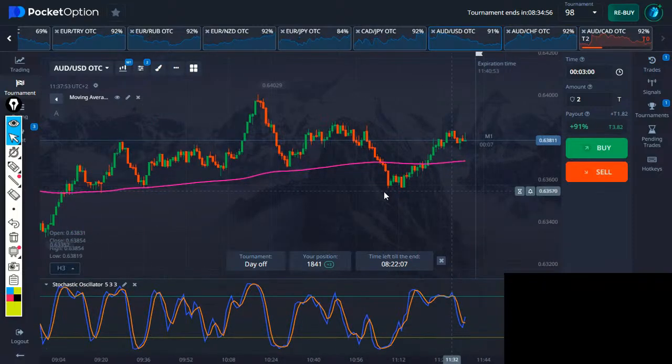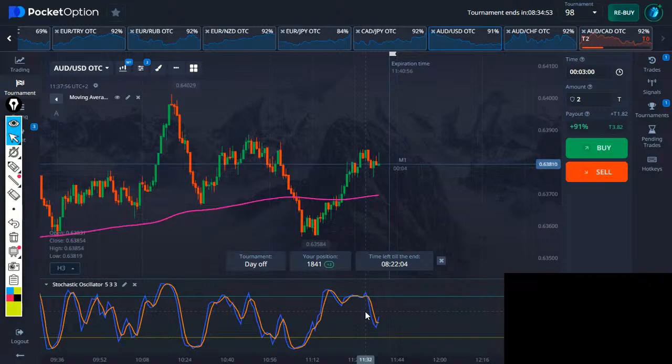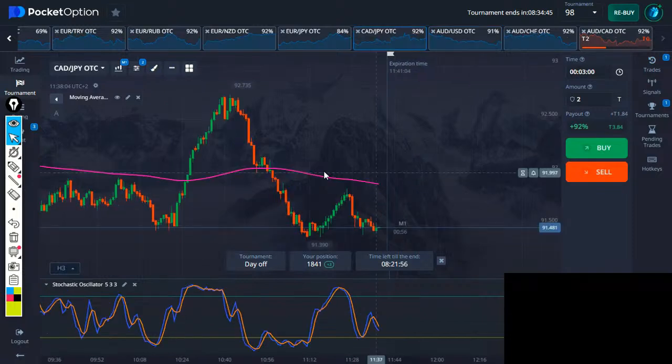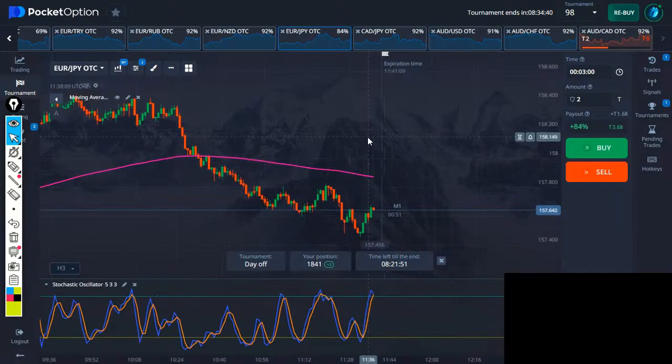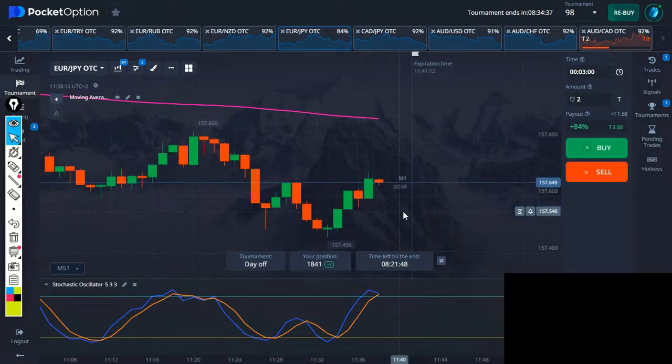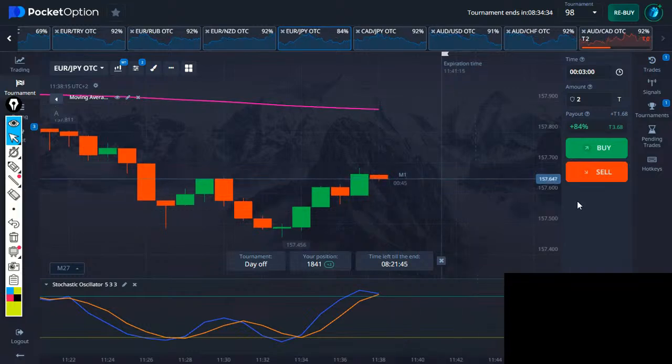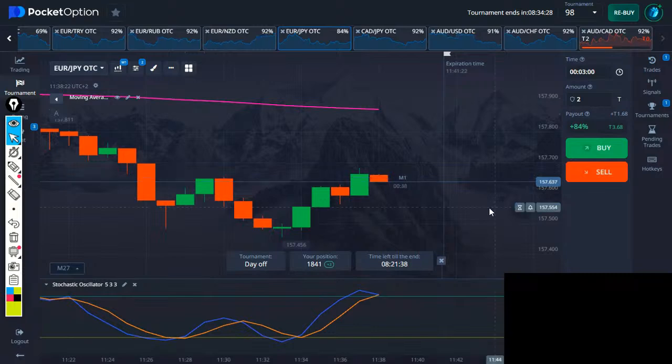This is very premature. Don't take these trades. We need an oversold condition like the situation over here. Let me see this. No, I need a clear trend. This is nice. Let's wait for a cross. 3-minute trades, 1-minute chart. Let's see.